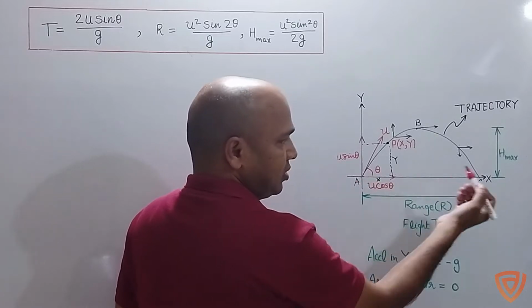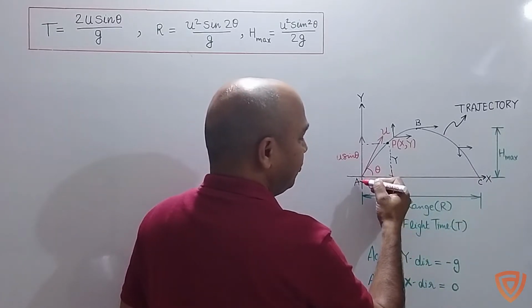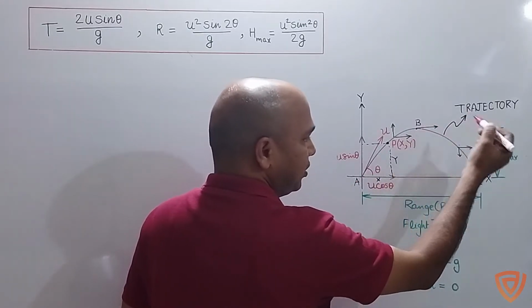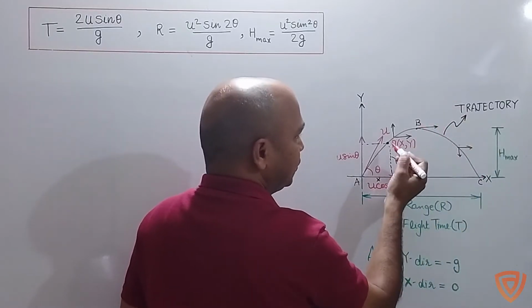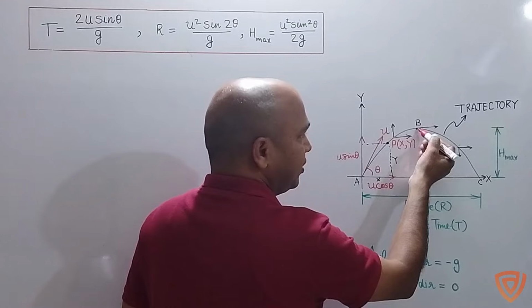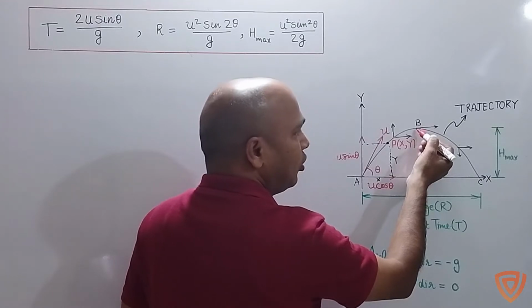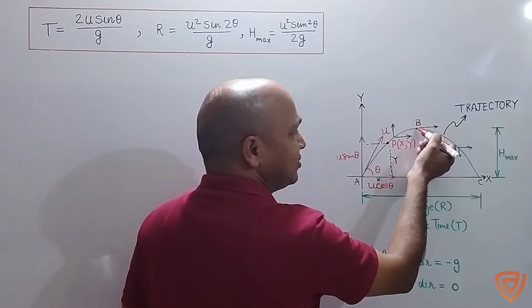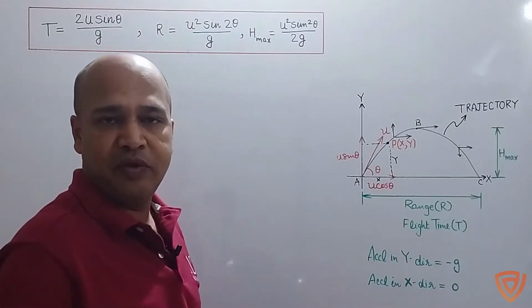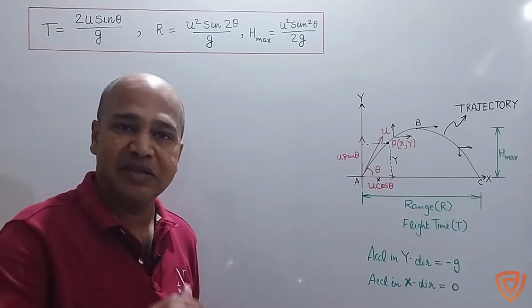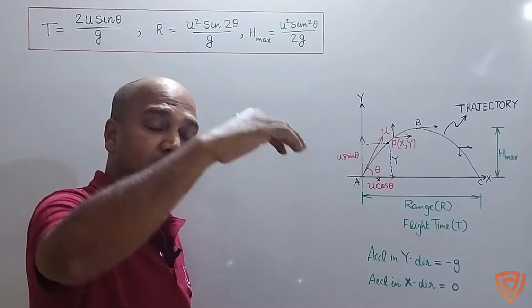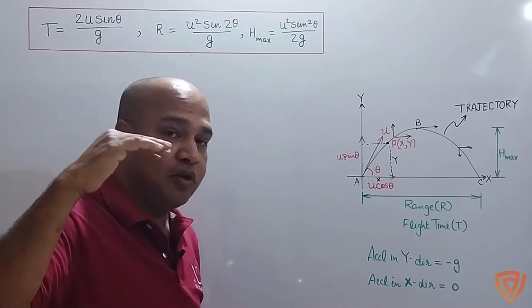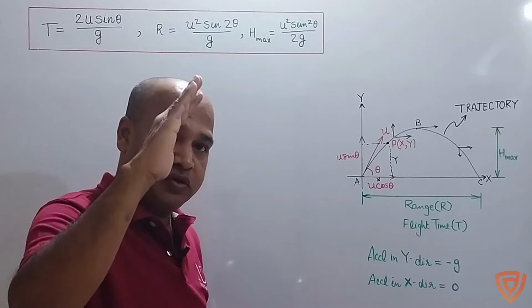The initial point is A, and it goes from point A to B and point C. B is the maximum height. At point B, there is no vertical component of velocity, because that is the maximum height. Why is there no vertical component of velocity? Because when anything goes up, at maximum height the velocity becomes zero. The vertical velocity becomes zero.